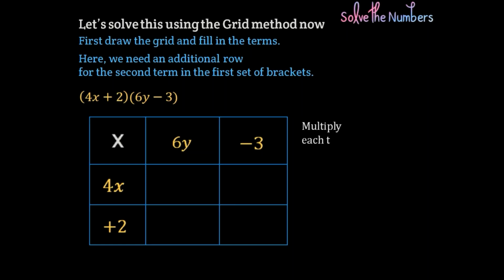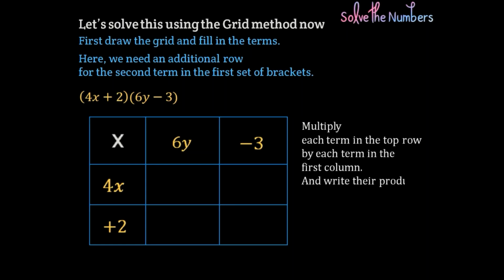Multiply each term in the top row by each term in the first column, and write their product in the respective boxes. So we multiply 4x by 6y and we get 24xy. Then we multiply 4x by negative 3 and we get the answer negative 12x.